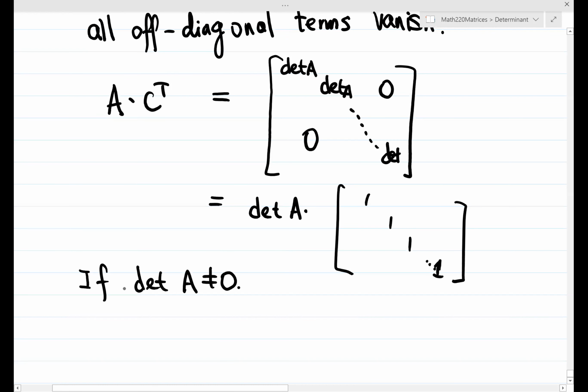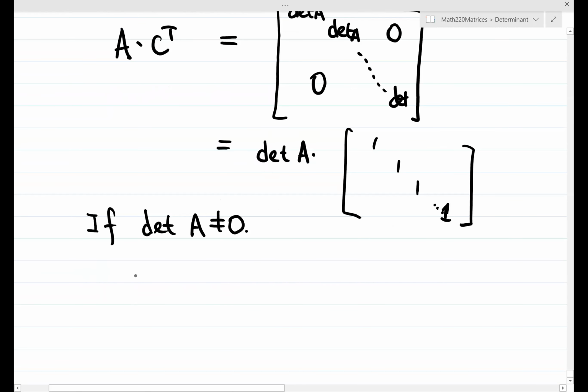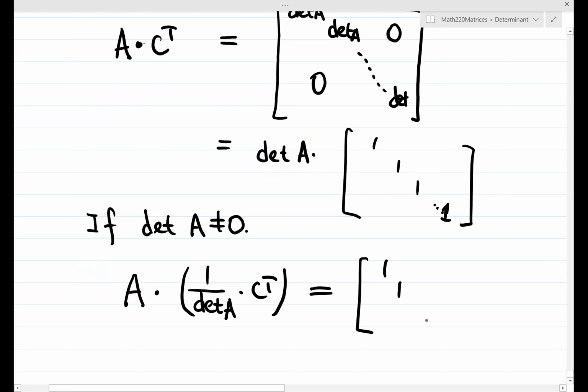So we divide, and put determinant A here with C transpose. A scalar you can put anywhere. So this will be the identity matrix, simply just the identity matrix.